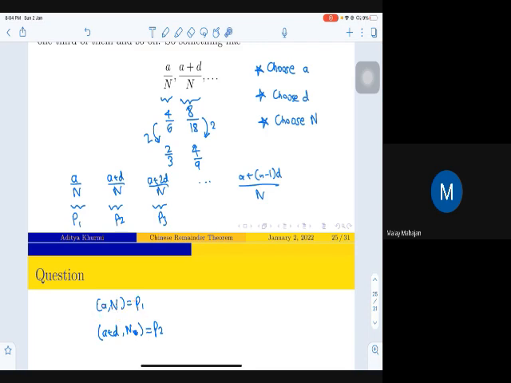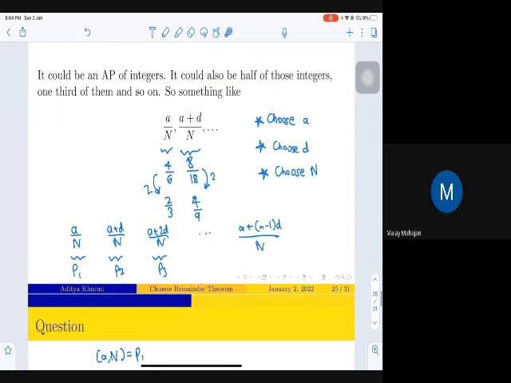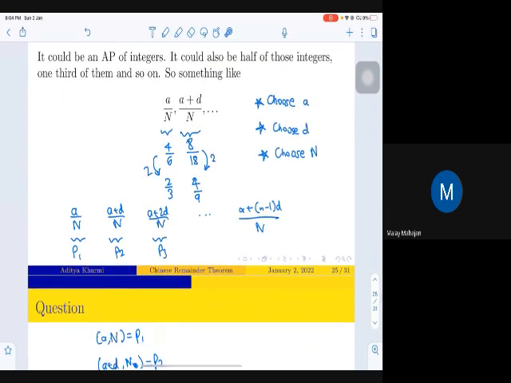The second thing it says is that p1 is the only number that divides a and n. So over here as well, p2 divides both of these, and p2 is the only number that divides both of them. And if we cancel out the common factors, the denominators are no longer equal. So that's one more plus point.